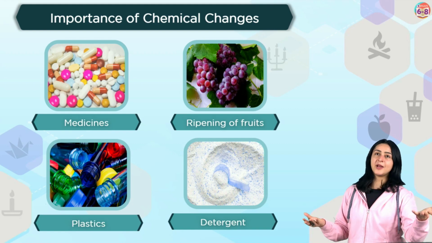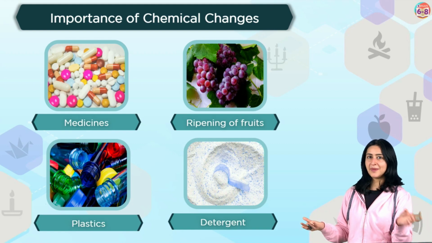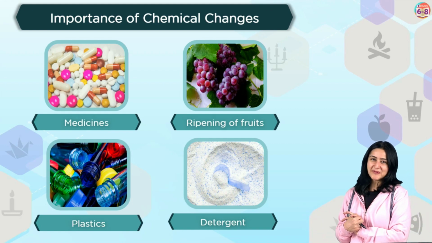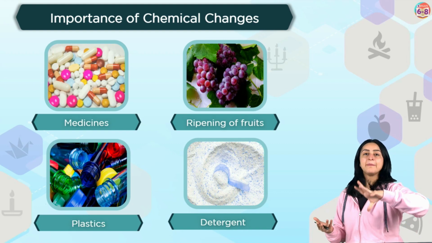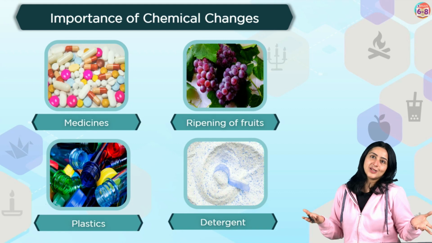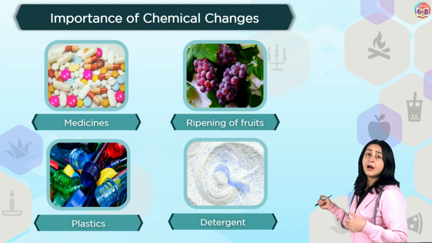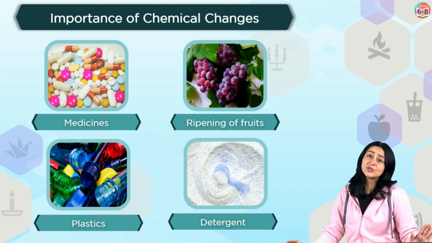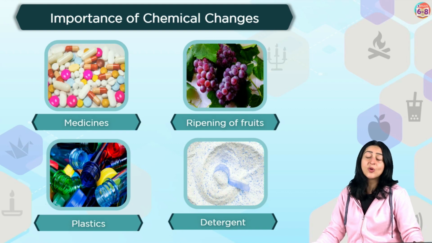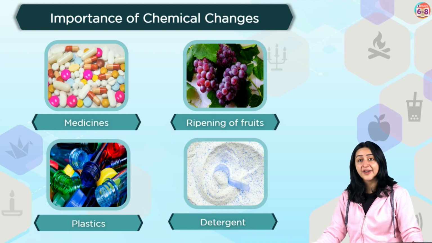Or for example, ripening of fruit. You can't eat a kacha fruit, right? But when that apple is tasty and ripe, you're going to eat it. That's also a chemical change. You can't go back from a ripe apple to being an unripe apple. It's a new substance completely. Plastics that we use, detergent that we use, so many uses of chemical changes, right? So yes, chemical changes are very good.